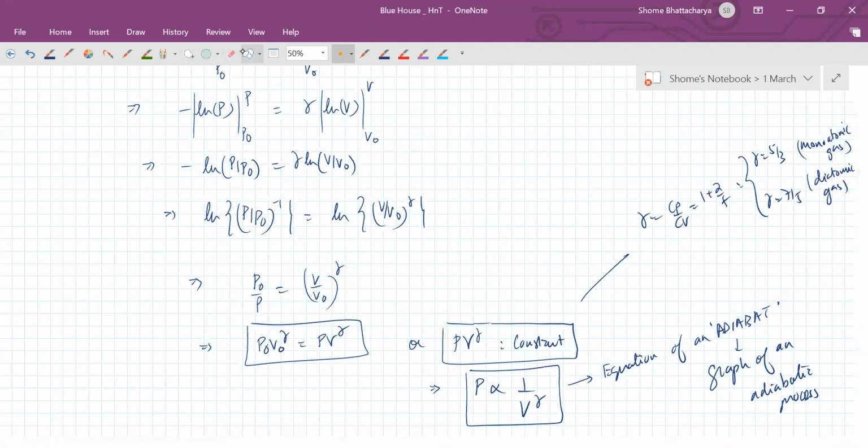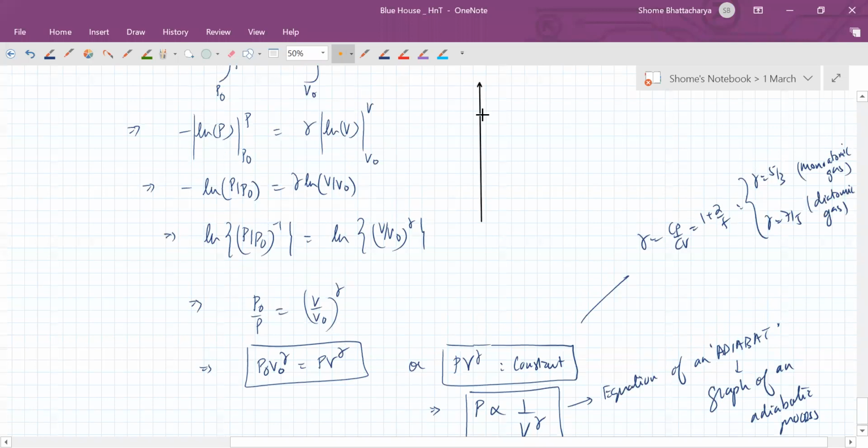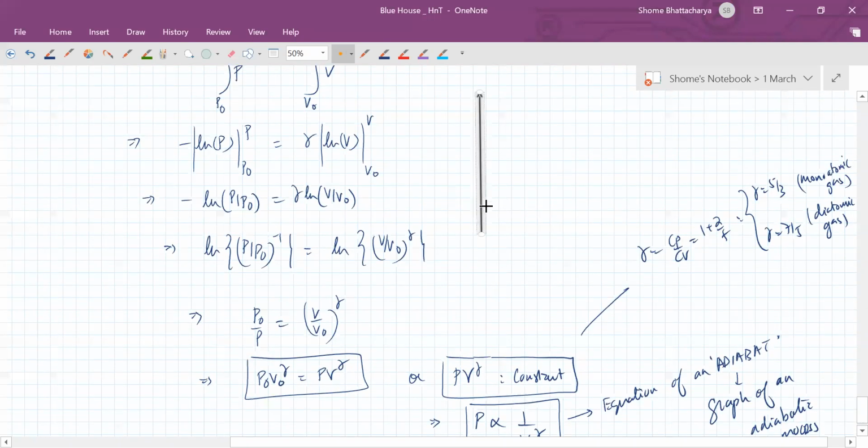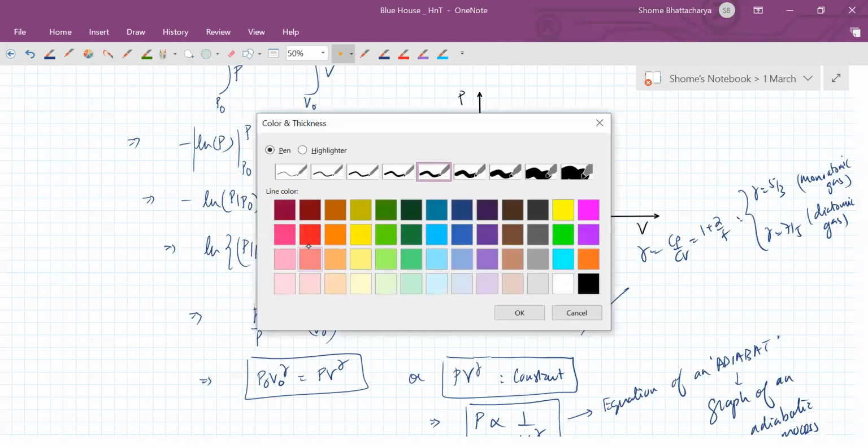And the graph of pressure versus volume, that will also be a hyperbolic curve, but its shape will be slightly different compared to isotherm.